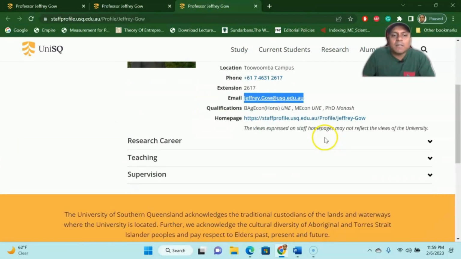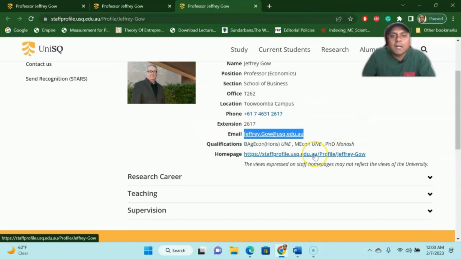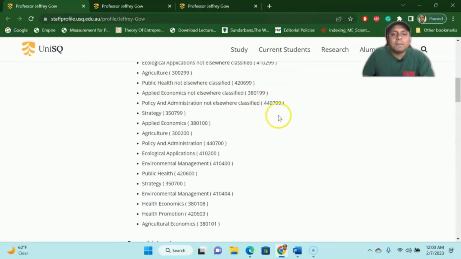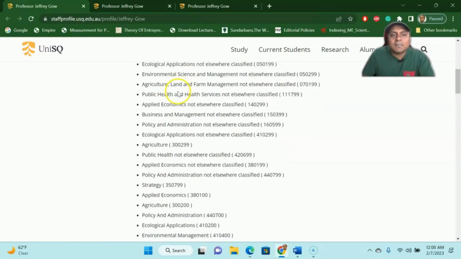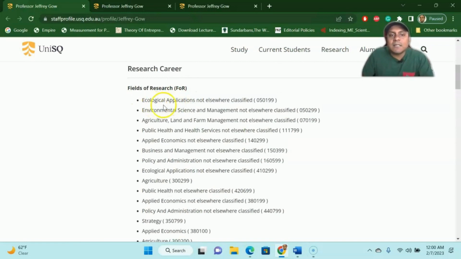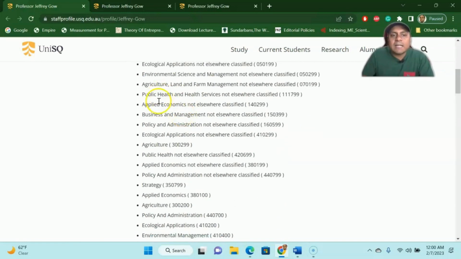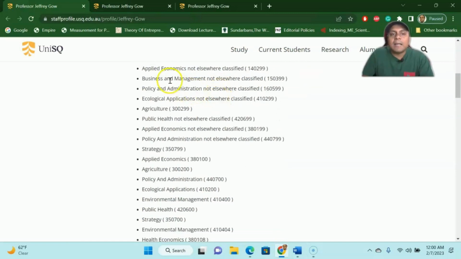So let's see what the professor's main interest is all about. In the research career, I can find the field of research interest: ecological, environmental science, agriculture, public health and health services, and applied economics, business and management.